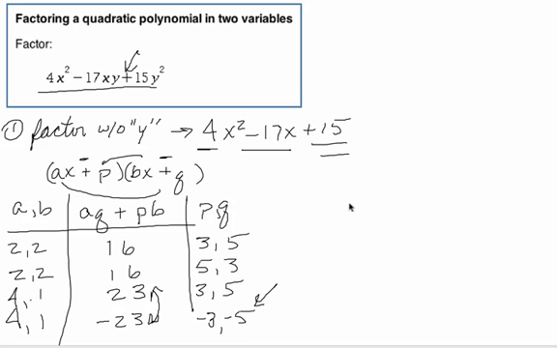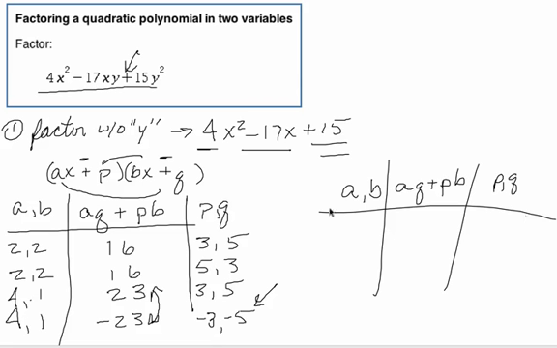So if we continue our AB, AQ plus PB and our PQ, right? If we keep the 4 and the 1 and we say, what about a negative 5 and a negative 3? What's that give? Well, the outer makes negative 12, the inner makes negative 5. That combines to be negative 17, and bingo, that's what we were looking for.